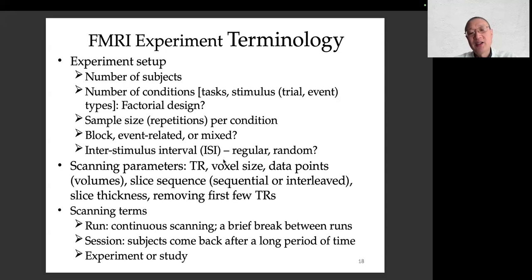Then there are other concepts like TR. TR is the time interval between two consecutive volumes. We scan or acquire the data from the scanner, with the voxel size and the total number of data points. Right? So that's the number of TRs. Then there are other parameters.